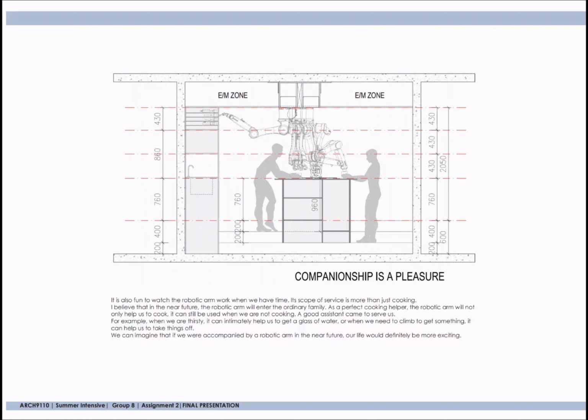For example, when we are thirsty, it can immediately help us get a glass of water, or when we need to climb to get something, it can help us take things down. We can imagine that if we are accompanied by a robotic arm in the near future, our life will definitely be more exciting.